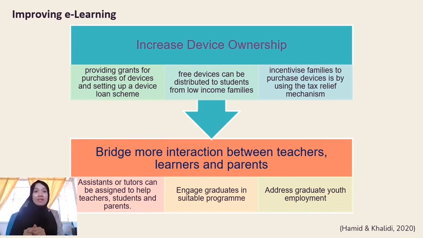Additionally, free devices can be distributed to students from low-income families in an effort to close the digital divide. Another way is to incentivize families to purchase devices by using the tax relief mechanism. This one could be brought back, so that each student can have more conducive e-learning at home.